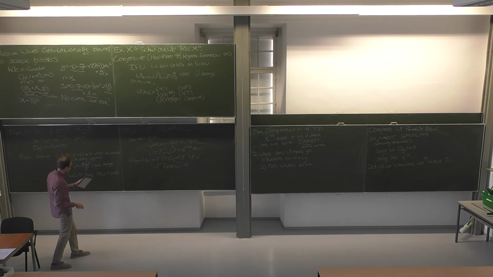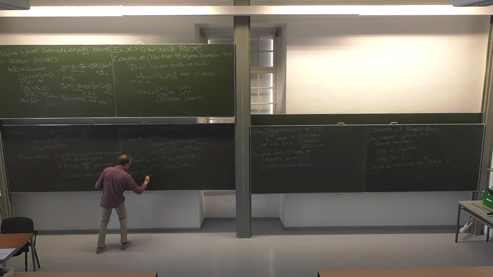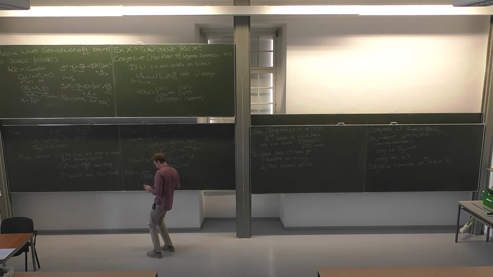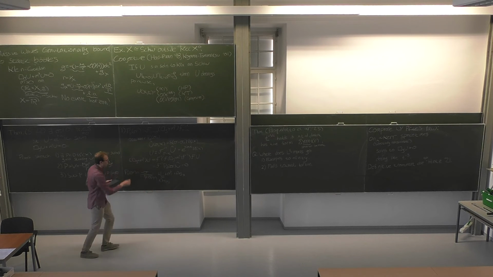Now, P naught of sigma is not a Schrodinger operator just yet. If you write out what it is, it's just an exercise to compute it. The result looks like this, where this is some vector field on X, and this is the Laplacian of our Riemannian spatial slices.